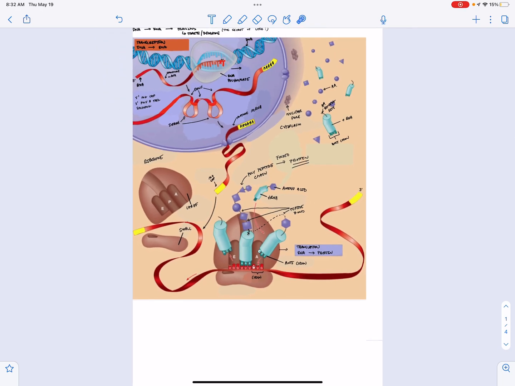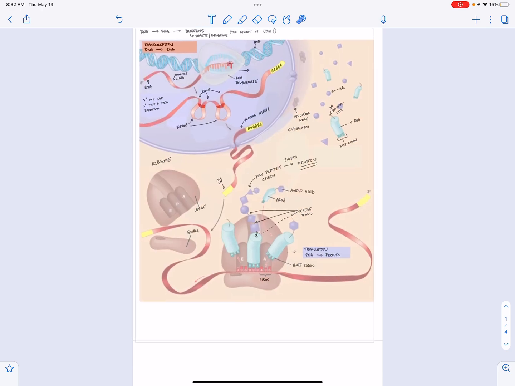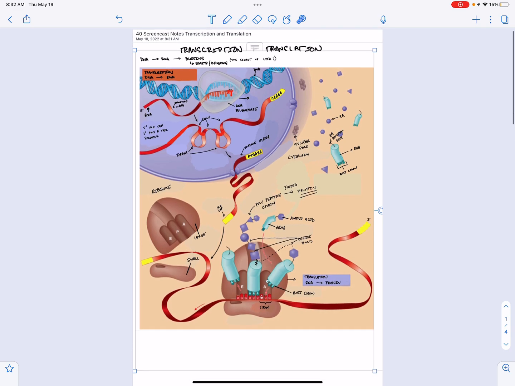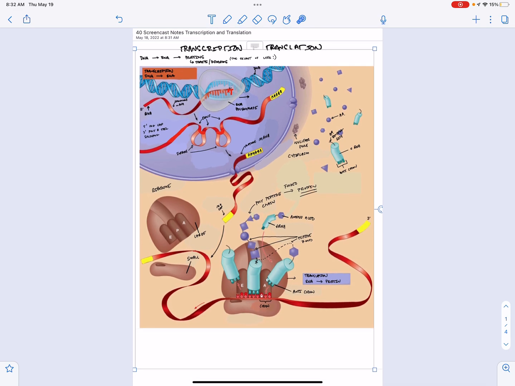So you could take a gene from a mouse and put it in a human, or a gene from a jellyfish and put it in a mouse, and yeah, that's what's going on.